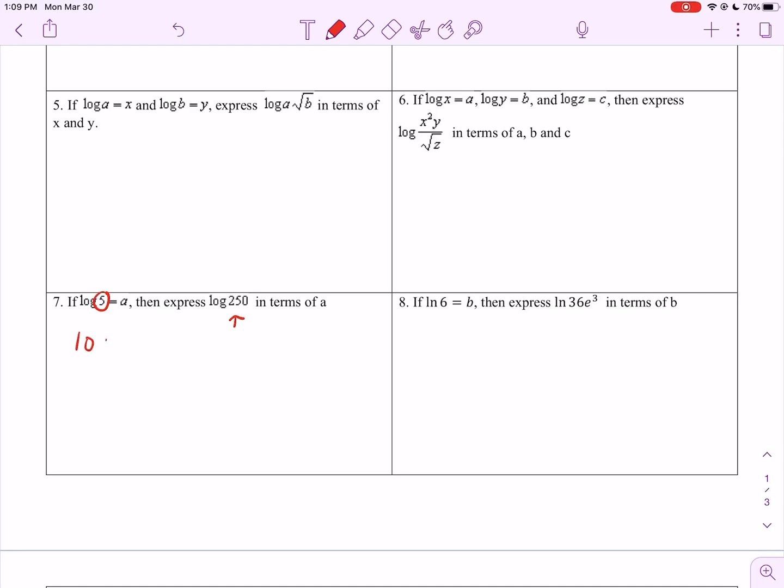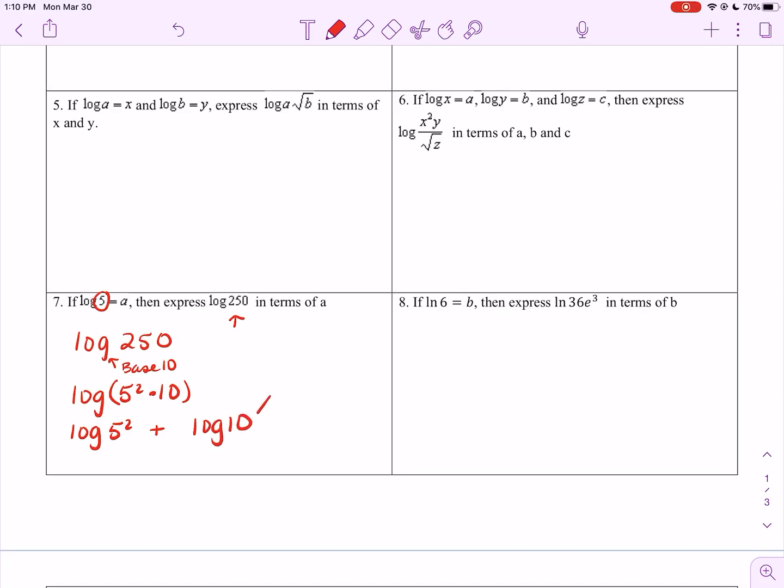Remember, if you have log 250, that means that the base here is 10. So you can use powers of 10. So that's like saying log of 5 squared times 10, because 25 times 10 is 250. If we expand this, log 5 squared plus log 10.